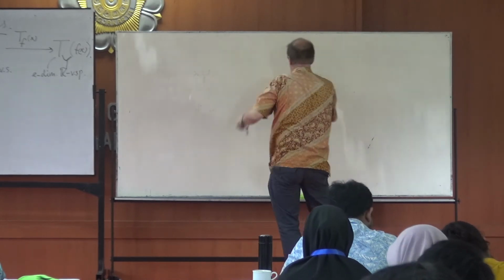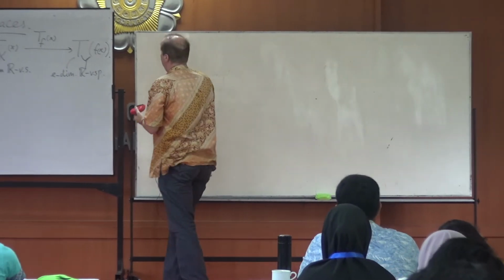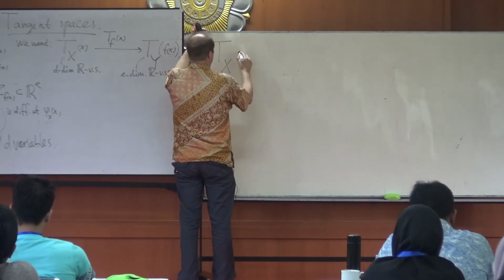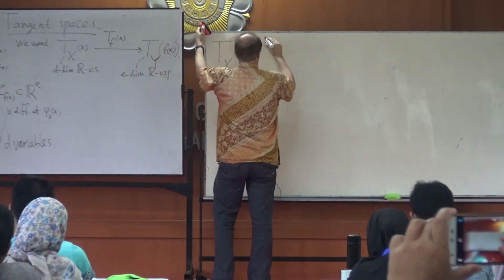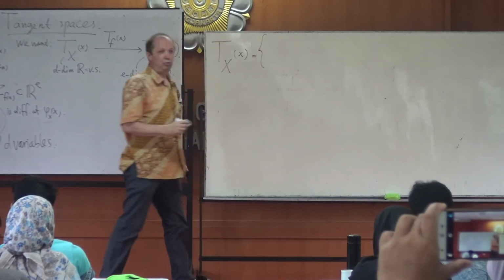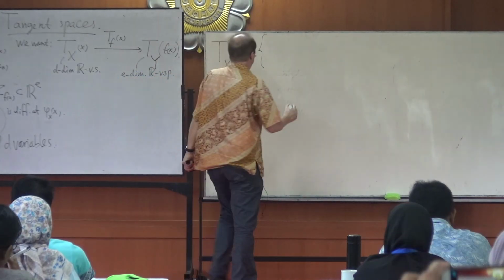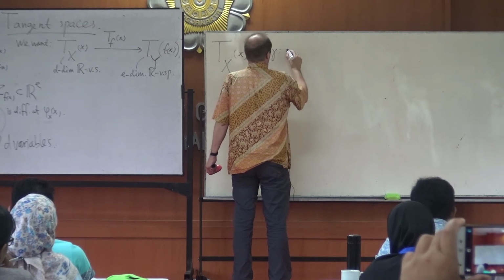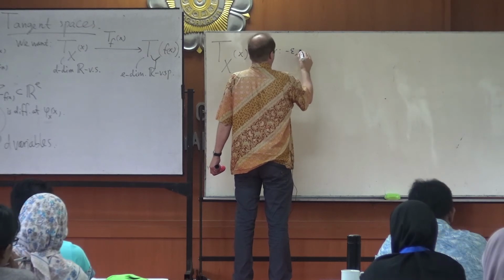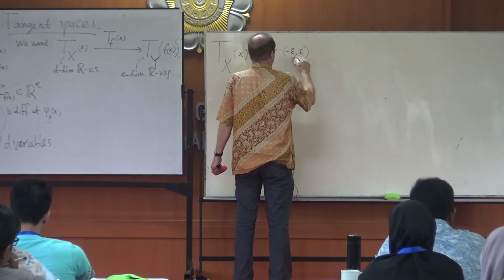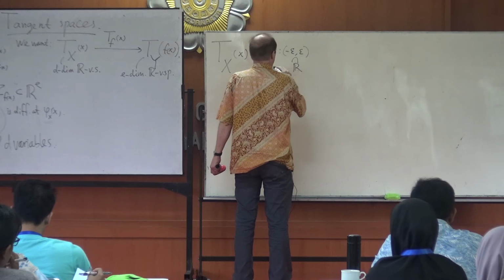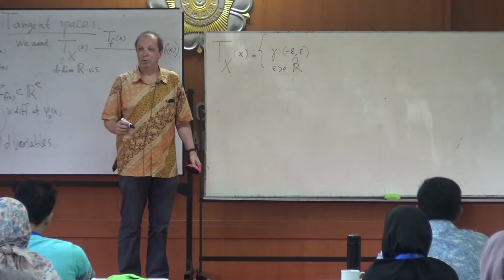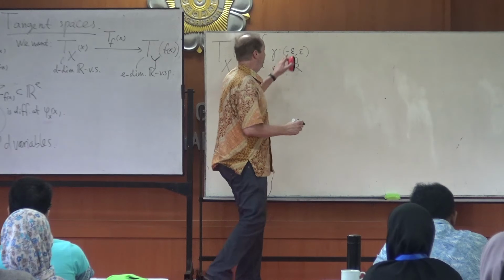So here comes T_x x is the set, and now I want to do this. I want to say, well, you take a gamma from a small interval, say minus epsilon to epsilon. This is inside the real numbers, and epsilon should be a positive real number. This is the open interval.